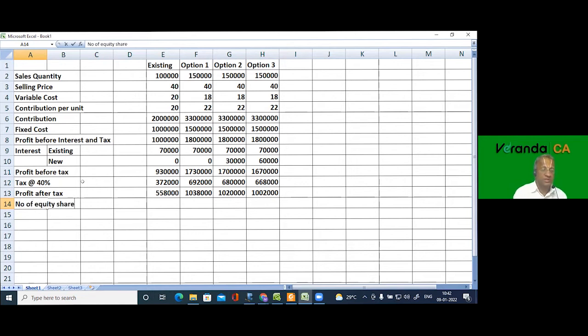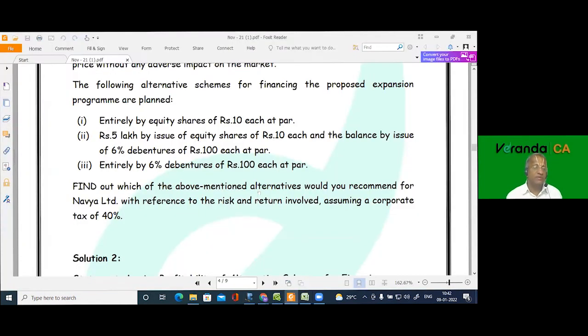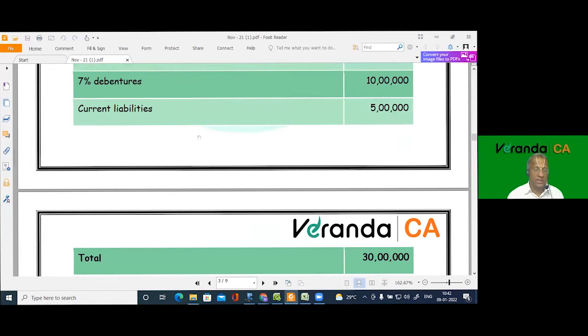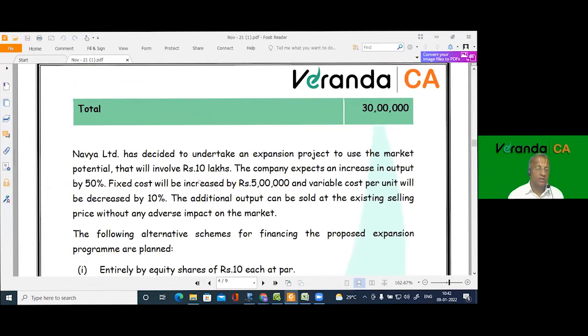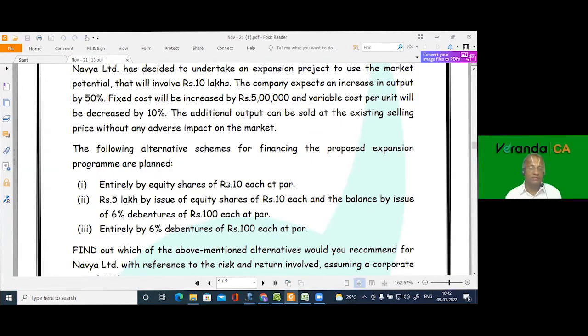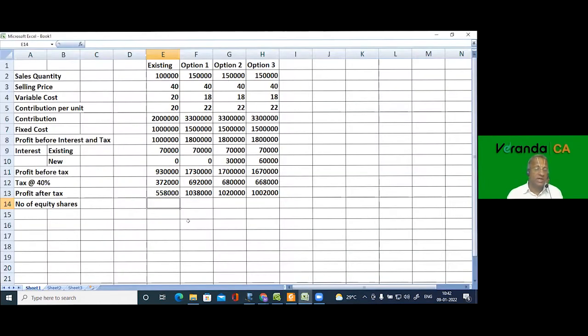Now, number of equity shares. How many number of equity shares that you are having? 1 lakh. So here entirely 1 lakh. So entirely by equity shares of rupees 10. 10 lakhs divided by 10, another 1 lakh. Correct? So here it is 1 lakh. Here it is 1 lakh plus 10 lakhs divided by 10.